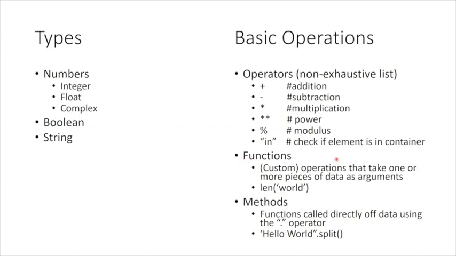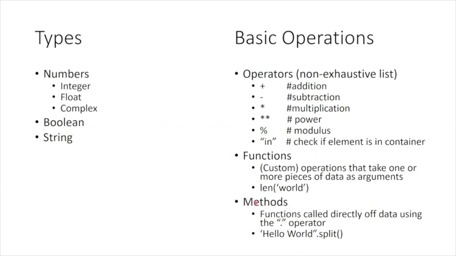We also have functions in Python. A function is something that takes one or more pieces of data as arguments and returns an answer. In this case, len is a function that tells you how many characters or pieces of data are in what you're passing in. So len of world will give you 5 because there are 5 letters.